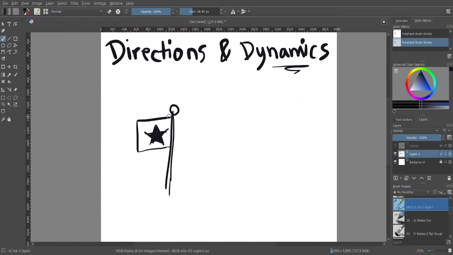It's just flat. So if I want to give it dynamic and make it more alive, well, you draw the pole, and instead of drawing a straight line, draw it wavy, like this. And now it looks like it's waving, right?